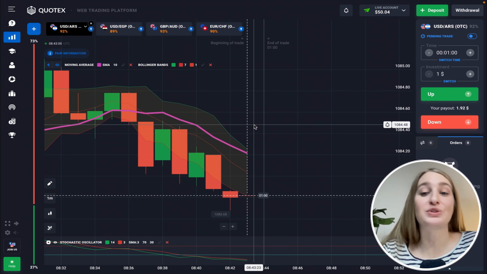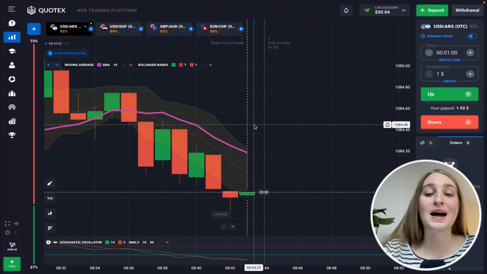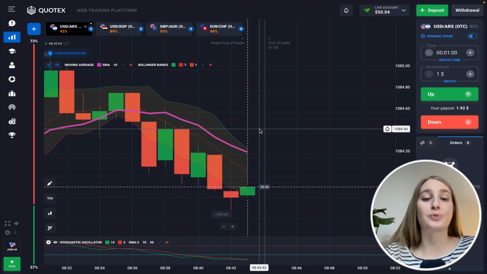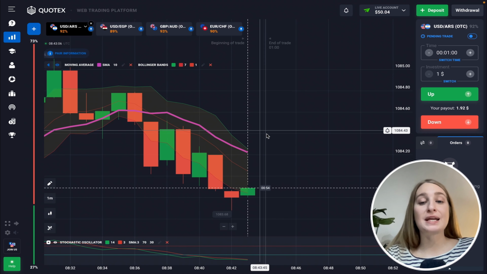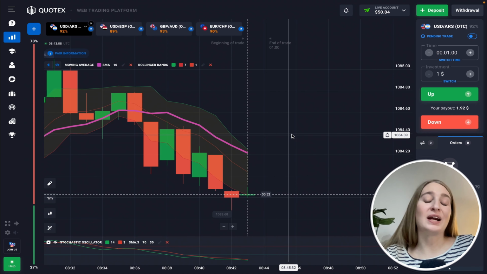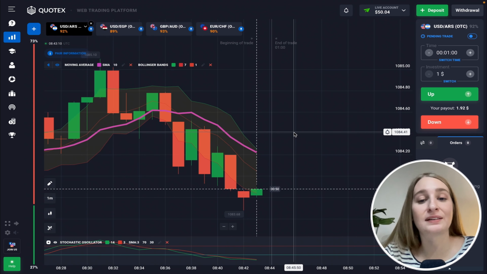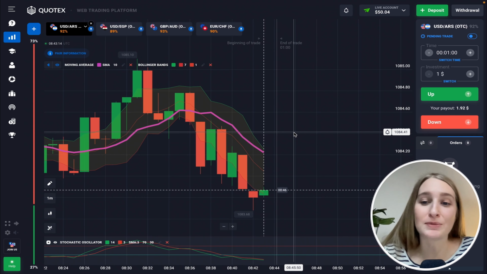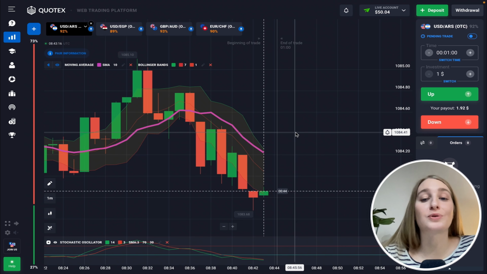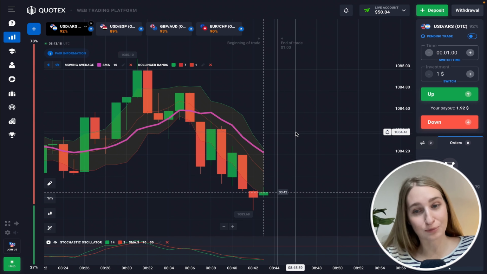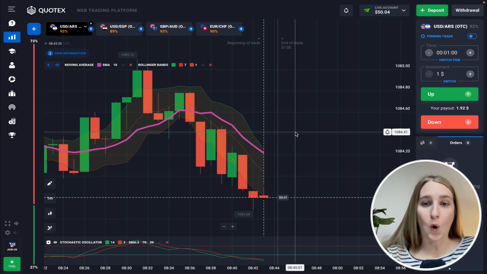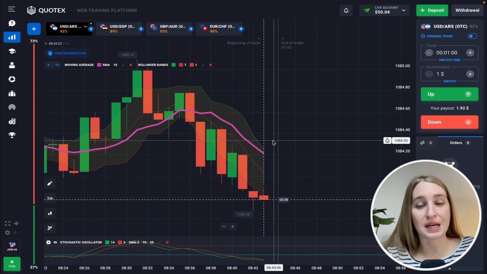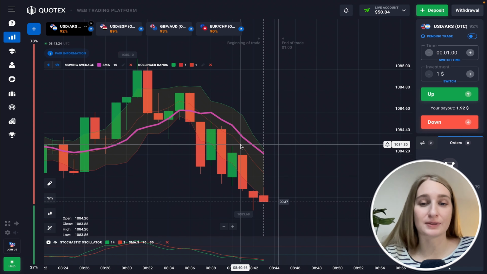So day trading is a fast-paced form of trading where individuals buy and sell securities within the same trading day. The primary goal is to profit from short-term price movements in stocks, options, commodities, and other financial instruments.